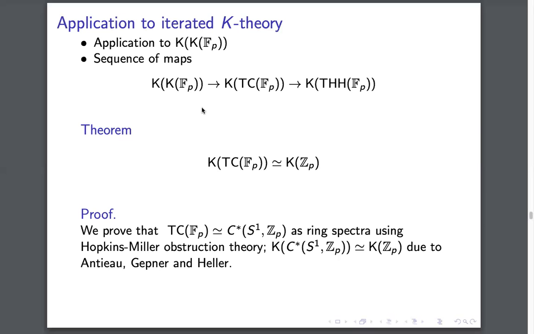Yeah, there's Mao's work, for example, that's also interesting. There's Mao's work where he shows that you can also do that Thom spectrum identification for perfectoid rings too, not just for F_p. He starts with that, but again, you can only go up to an E1 identification of THH of K. That's the thing. And why does that happen?